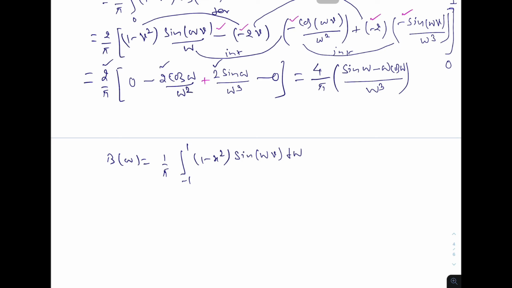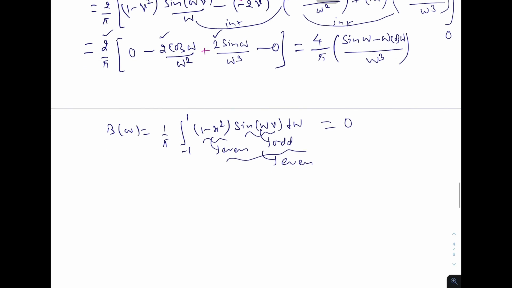Now this is even function, this one is odd, and the product is odd, so this value is 0.